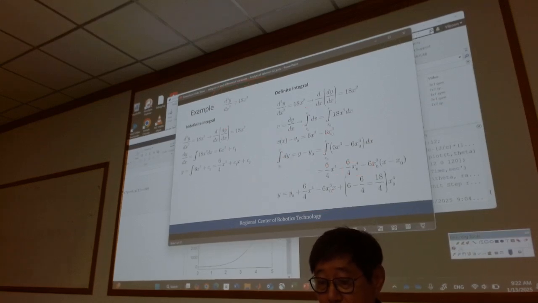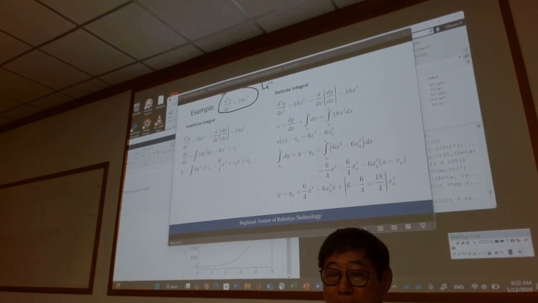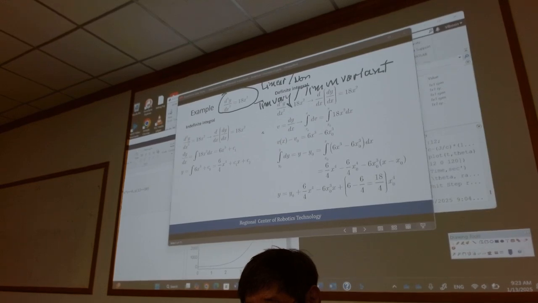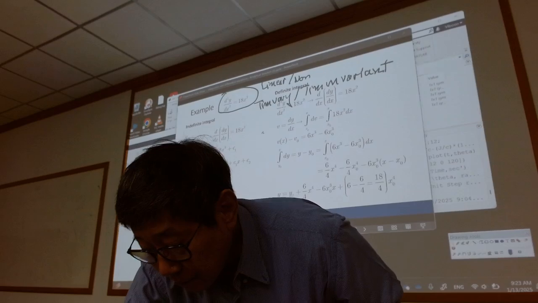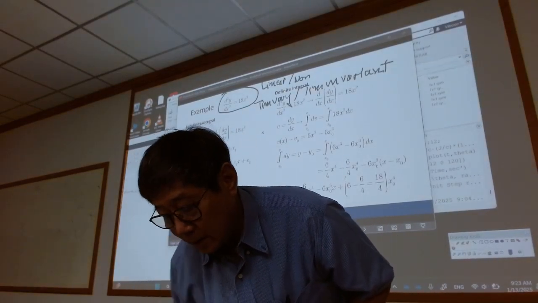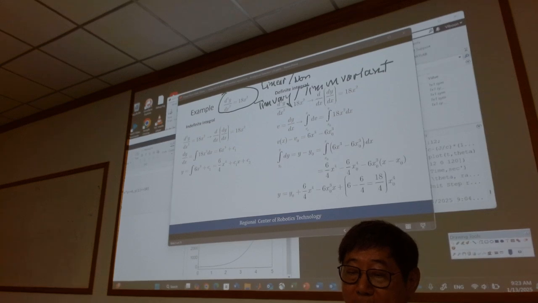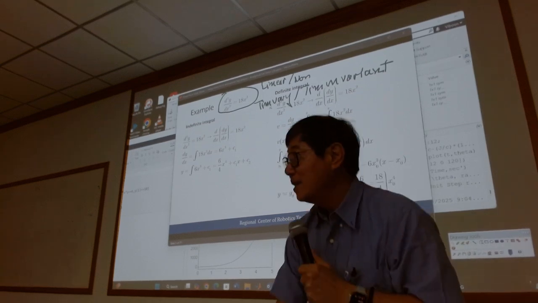You see this equation. Is it linear? Time varying or time invariant? Time varying or time invariant? What order is it?